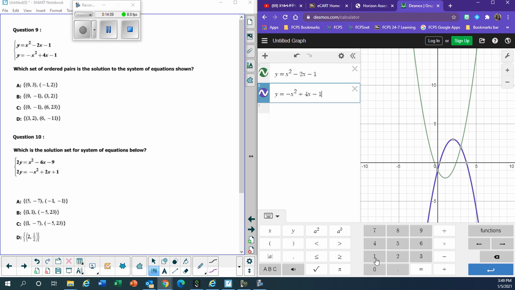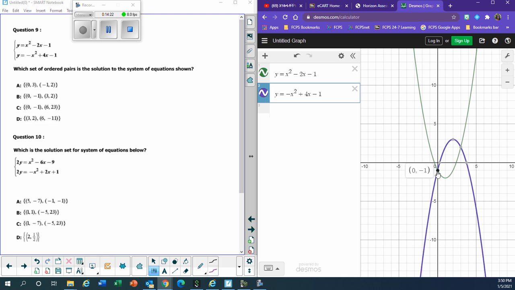All right, so now I got both of the systems of equations. It says, which set of ordered pairs is the solution for the system of equations. The system intersects at 0, negative 1, right? That's where they intersect, 0, negative 1. And then they intersect at 3 and 2. That's going to be your solution: 0, negative 1, and 3 and 2.